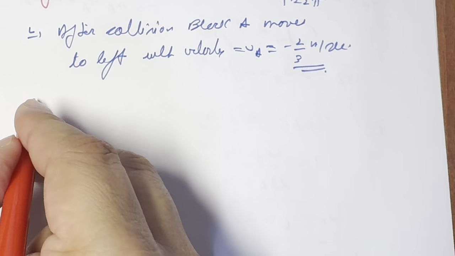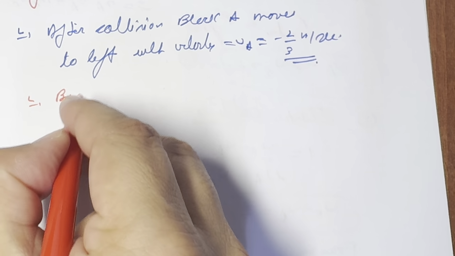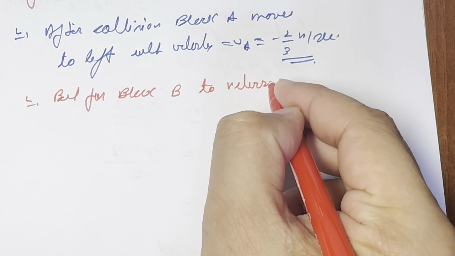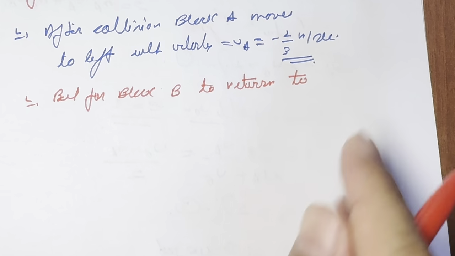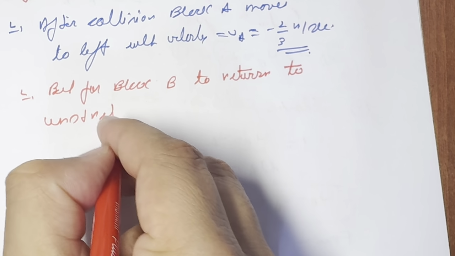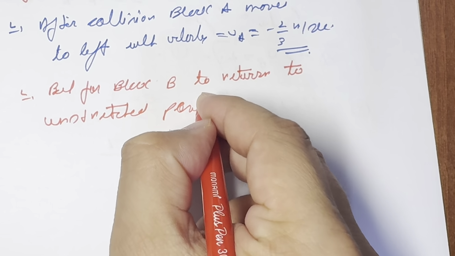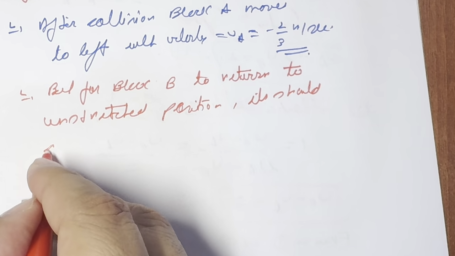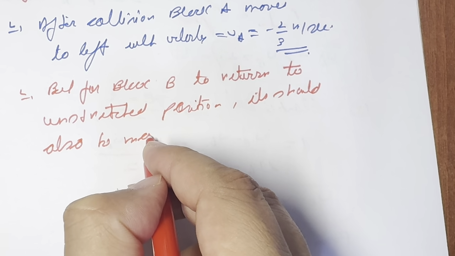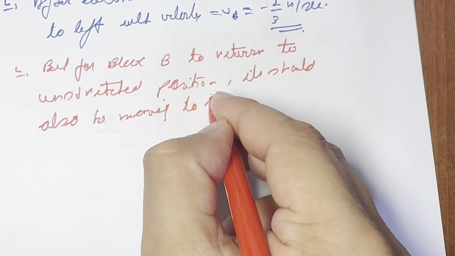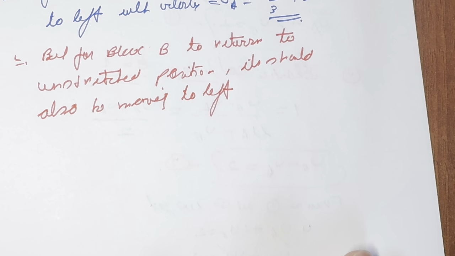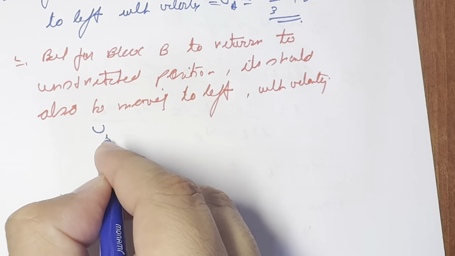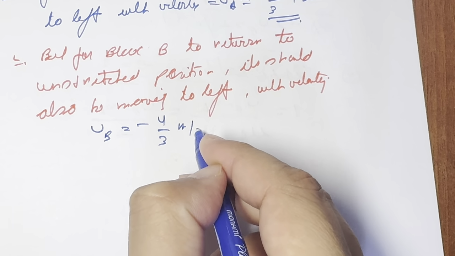and for block B to return to the unstretched position, it should also be moving to left with velocity, and that velocity will be nothing but VB but with negative sign, that is minus 4/3 meter per second.